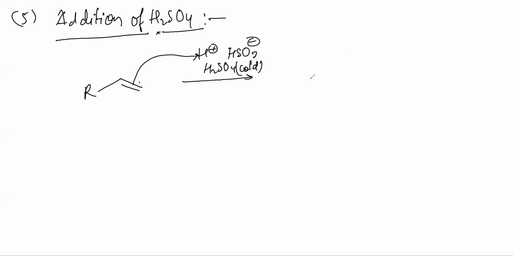Addition of H2SO4. Cold H2SO4 can be added to, remember, cold and concentrated. Cold concentrated H2SO4 can be added to an alkene like this. The pi bond will attack H plus. You will get this carbocation. And then what will happen?